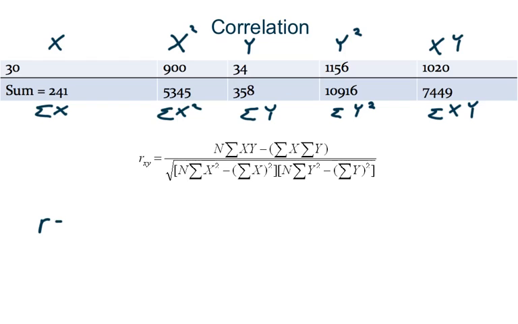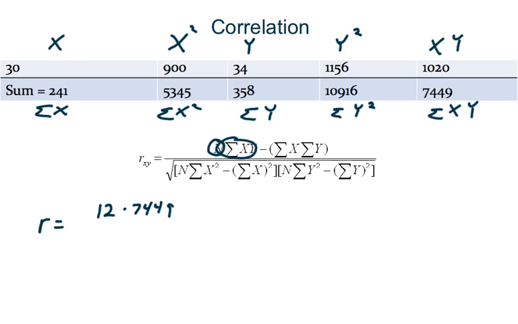So our r is going to equal, if you remember, our n was 12. So for this part here, we're going to take 12 times, next comes the sum of xy. Sum of xy was 7,449.